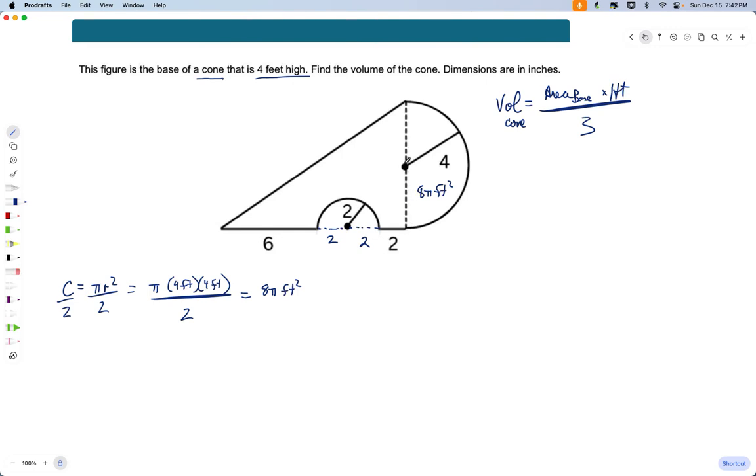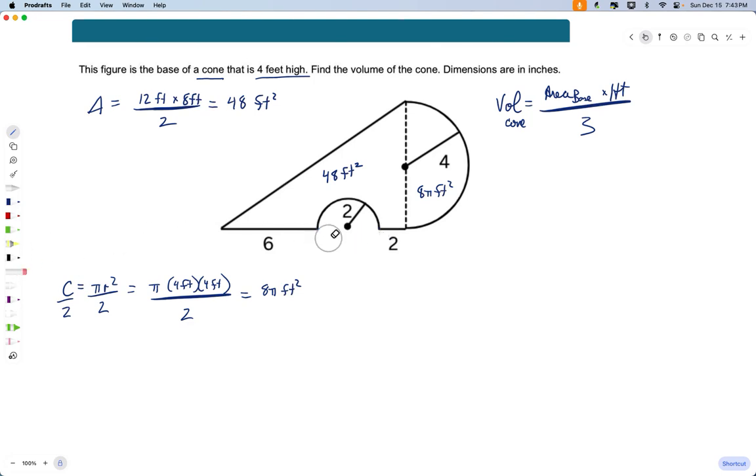So 12 by 8, area of a triangle, 12 feet by 8 feet, and divide that by 2. That's going to be 48 feet square with all of it. But we have to get rid of this section right here because it's not a part of it, right?